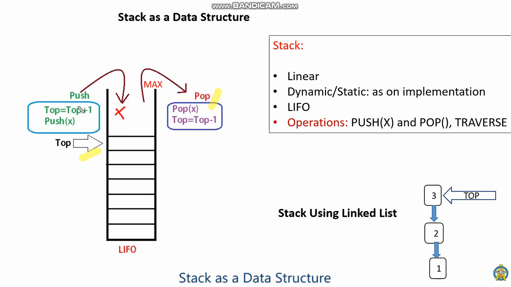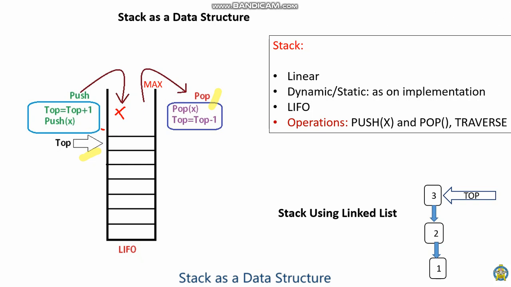In order to push the item X into the stack, first I need to move my pointer to the next position so that I can get an item inserted there. Let's say I want to get an item here. So I have top equal to top plus 1. Then I push the item. So the item gets inserted in the next position.